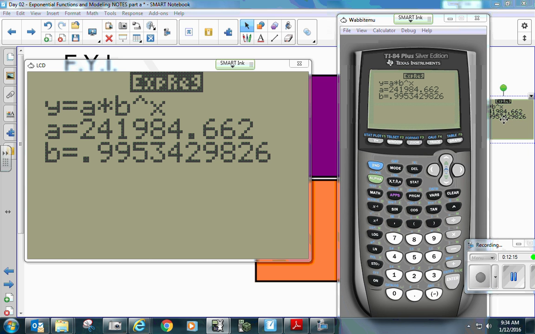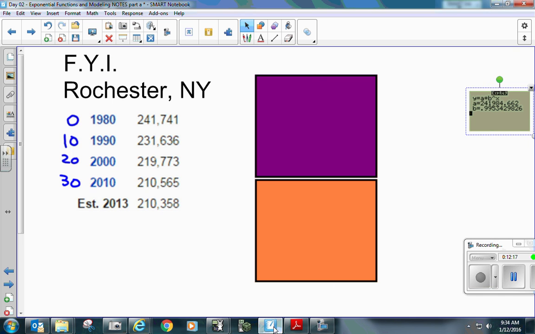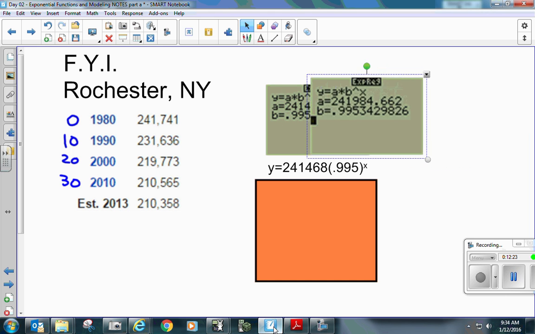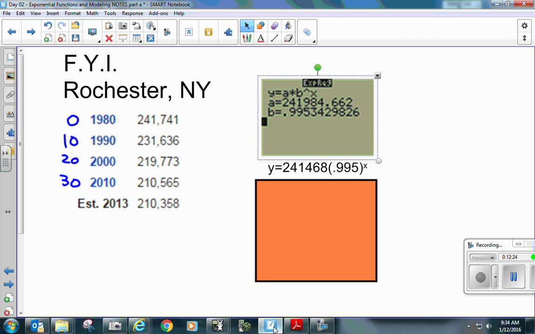So, for the time being, interesting. That's what you should have in your calculator. Now, this is different because the other class might have actually used this one. We're not going to use this.